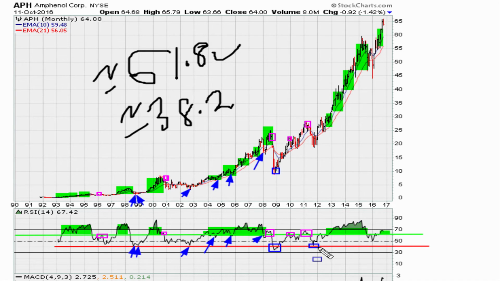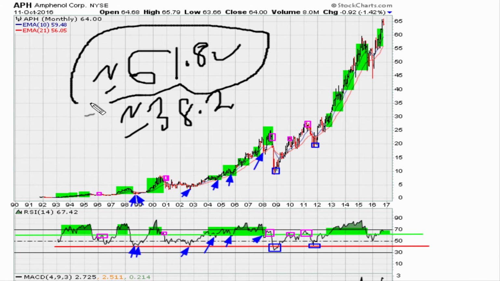We come here, we touch it perfectly for the lows of 2011, right there. So what I'm trying to emphasize here is we need to spend a lot of time understanding how stocks respond to these two critical levels of 61.8 and 38.2.